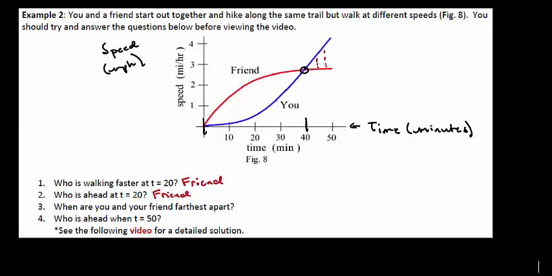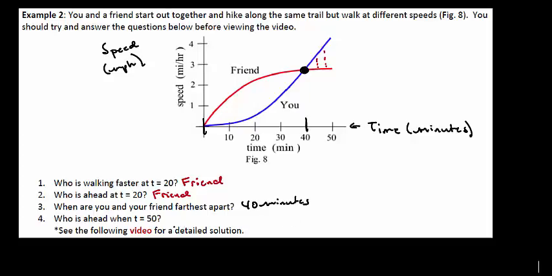So even though you were starting to catch up to their speed, you weren't catching up to them, because their speed still up here was almost close to 3 miles per hour, and you were still less than that at 2 miles per hour. So they were still getting further and further ahead of you. Only here, when you both match the same speed, and now you surpass their speed, do you start getting closer to them. Okay, so when you're furthest apart, you're furthest apart at 40 minutes.